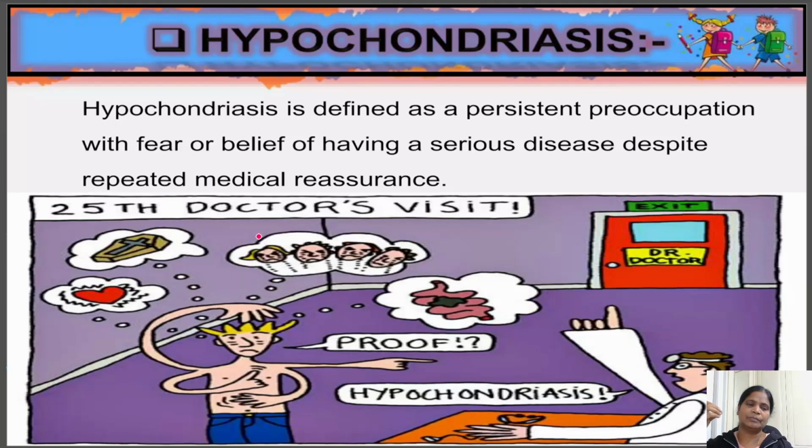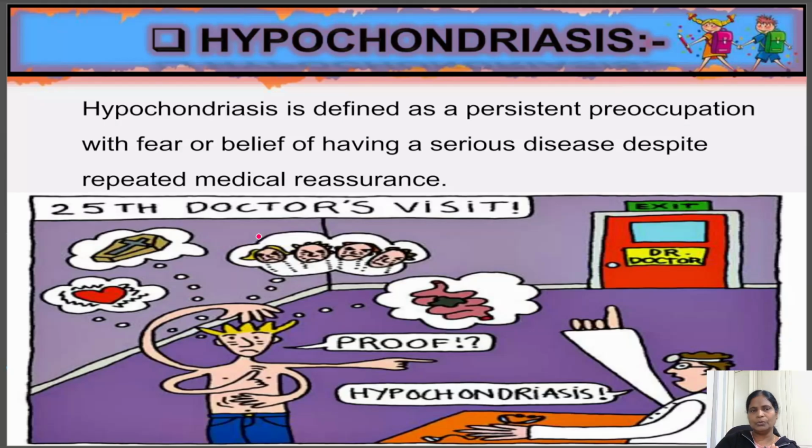If there is some abdominal pain, maybe gastric ulcer is there, or bone tumor is present if they're having knee joint pains, etc. For a little pain or whatever it is, they think that they're suffering with serious disease. That is how they are preoccupied, in spite of proof showing them they're not suffering.